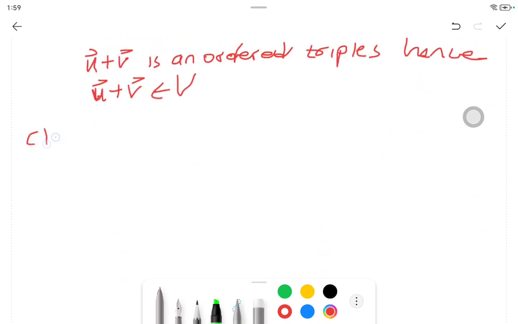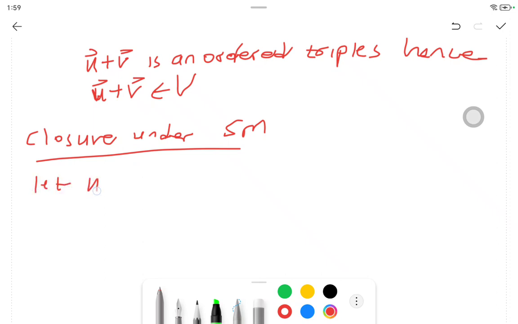Then we check closure under scalar multiplication. When we check closure under scalar multiplication, we're going to let u be an element of V, and I won't let it be any scalar, let's just let it be an element of R.